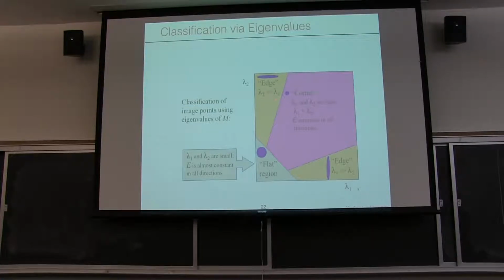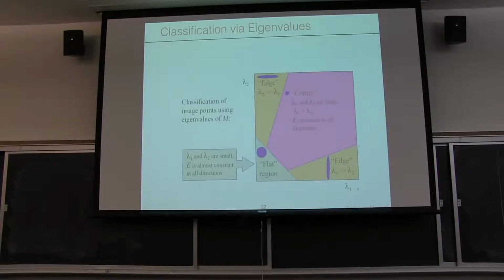Now, if one of them is large but the other not, then my ellipse is a very narrow, flat ellipse, and that has to do with an edge. If the other eigenvalue is much greater than the first, then I have an ellipse in the other direction, which means an edge in the other direction. And if both of them are small, then what I have is something that's not changing very much. Not changing very much means no texture, no corner.